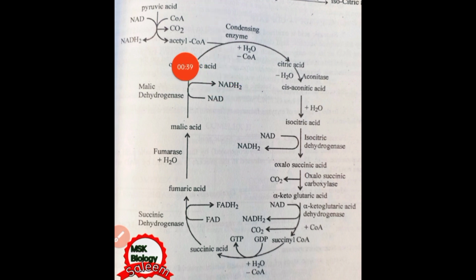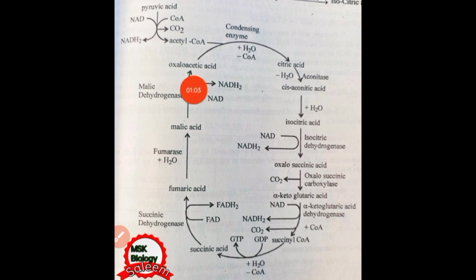Now, this is acetyl coenzyme A, which is formed after the link reaction in the mitochondria. This acetyl coenzyme A reacts with oxaloacetic acid. Oxaloacetic acid is a 4 carbon molecule, and acetyl coenzyme A is a 2 carbon molecule.